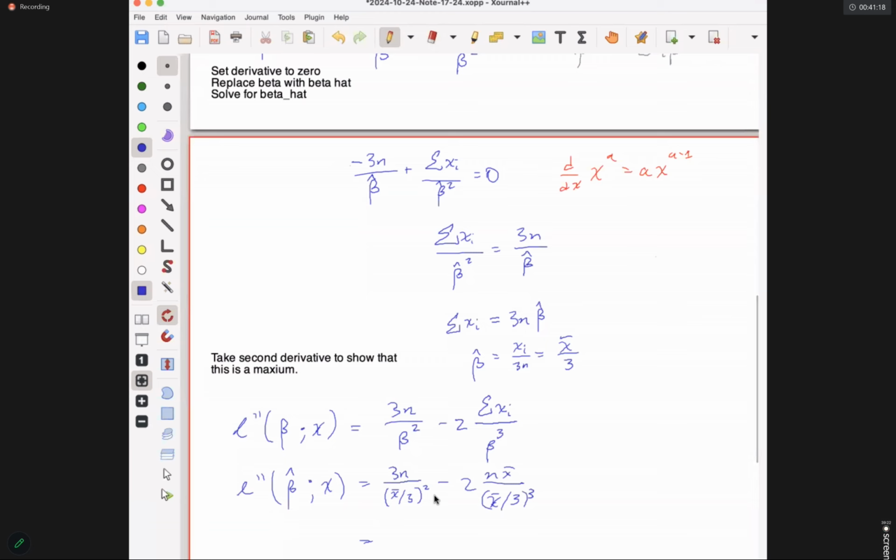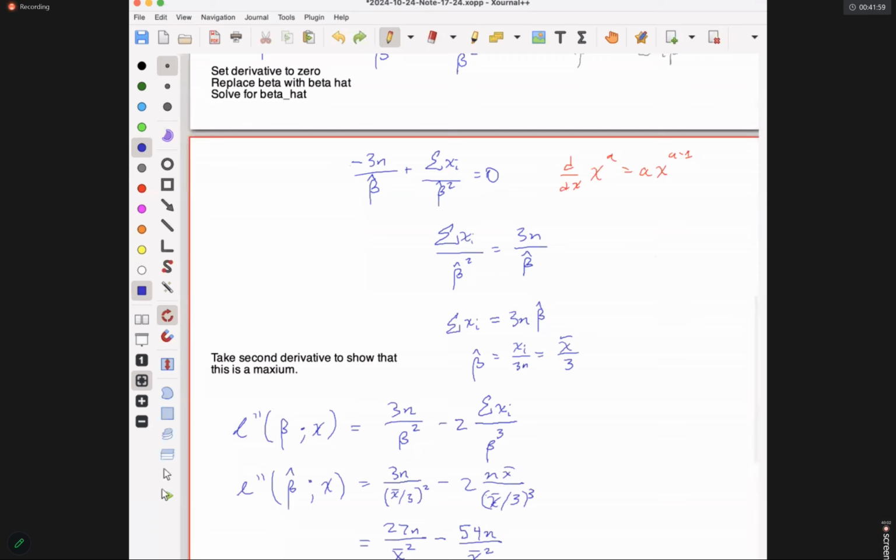This first one is going to be 27n over x bar squared. The next one: we've got 3 cubed is 27, times 2 is 54, 54n over x bar squared, because we have an x bar cubed down there and an x bar up here.